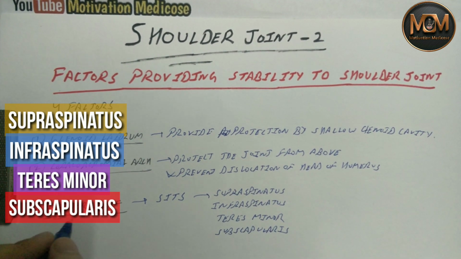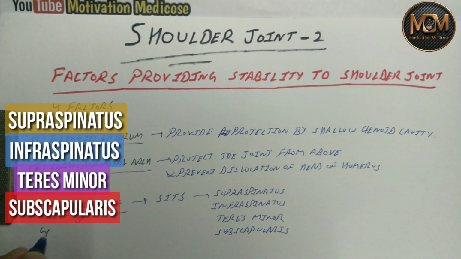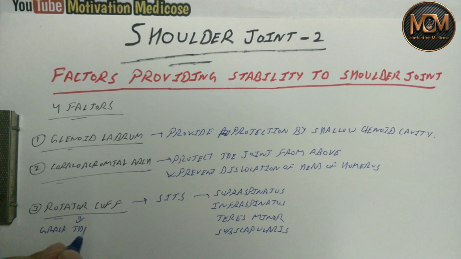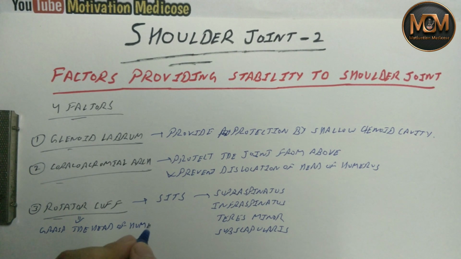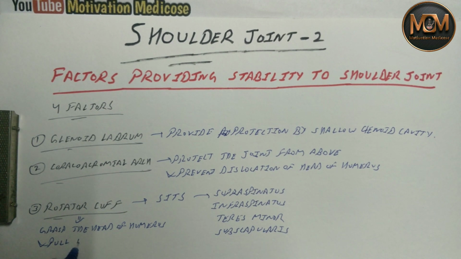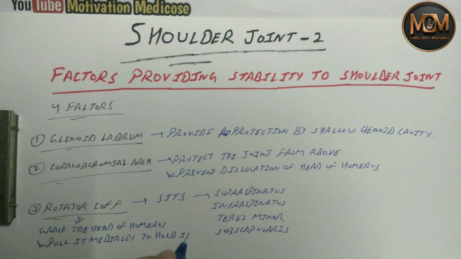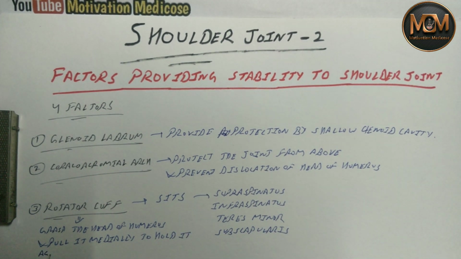And these muscles are basically helping to grasp the head of humerus and pull it medially, to hold it against the small shallow glenoid cavity.